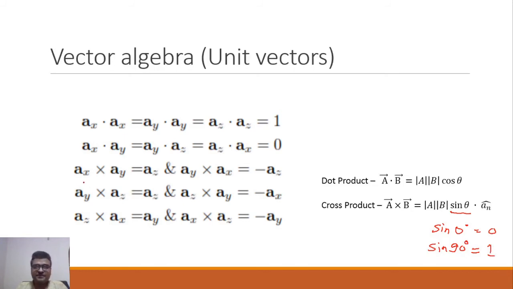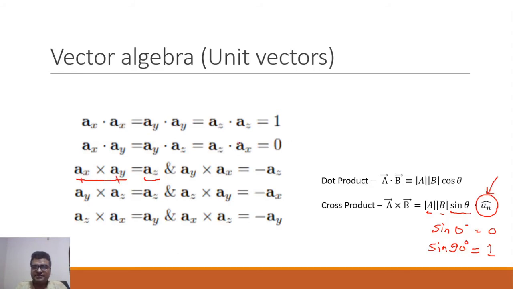We know that direction x and direction y will always be perpendicular. So we'll get a third vector which is az. Why are we getting a third vector? Because of this part: sine theta will be 1, sine 90 degrees will be 1, and the magnitudes of A and B will also be 1. So what are we left with? We are left with only the direction. And a cross product will always result in a perpendicular direction, a direction which is perpendicular to both Ax and Ay.